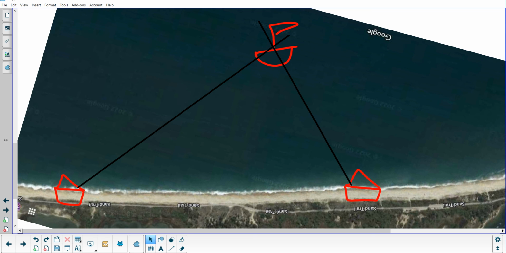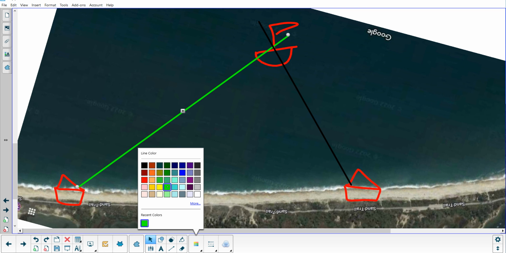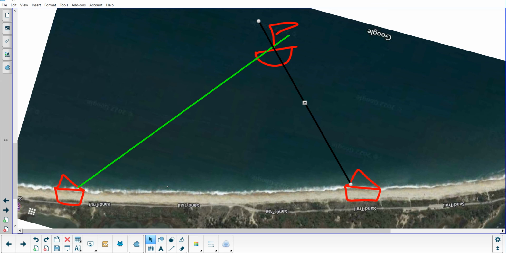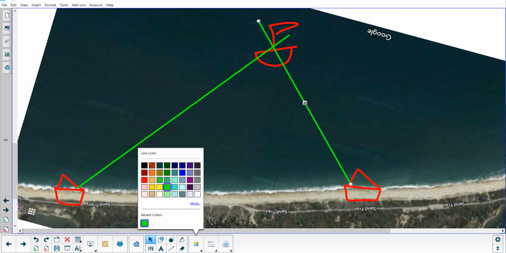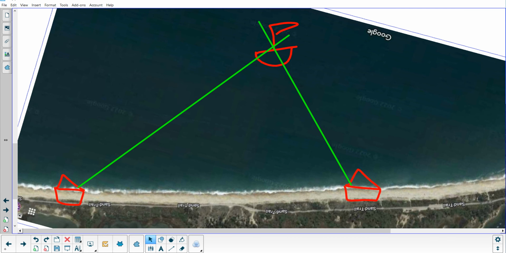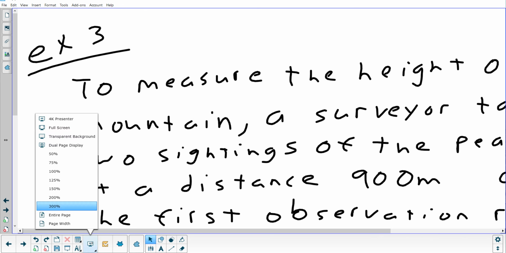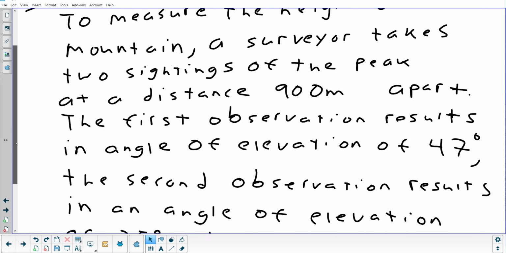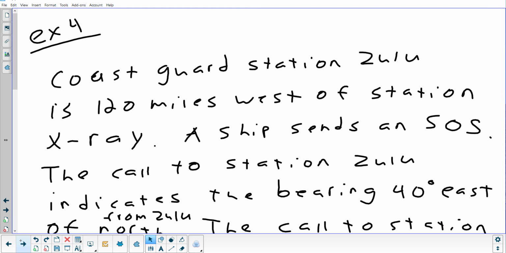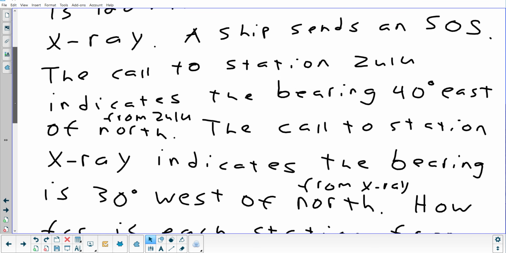I'll make them easier to see again. Let's make that green, that works pretty good. All right, now the Coast Guard station sees the boat. You need to look up how they describe the angle: 40 degrees east of north and 30 degrees west of north. So the direction they describe seeing the boat is a direction from north.